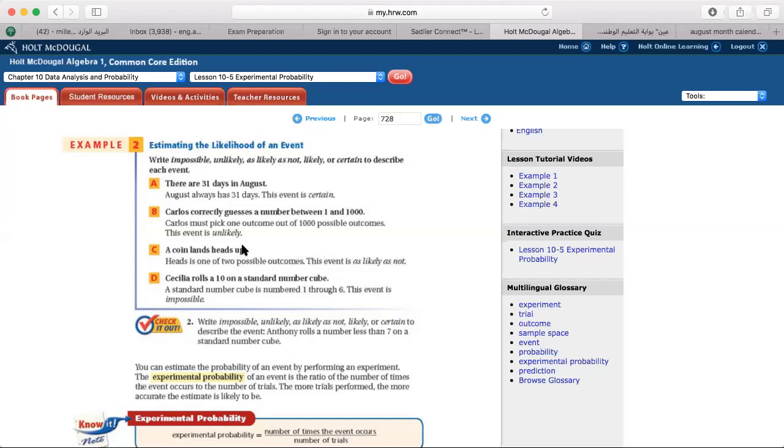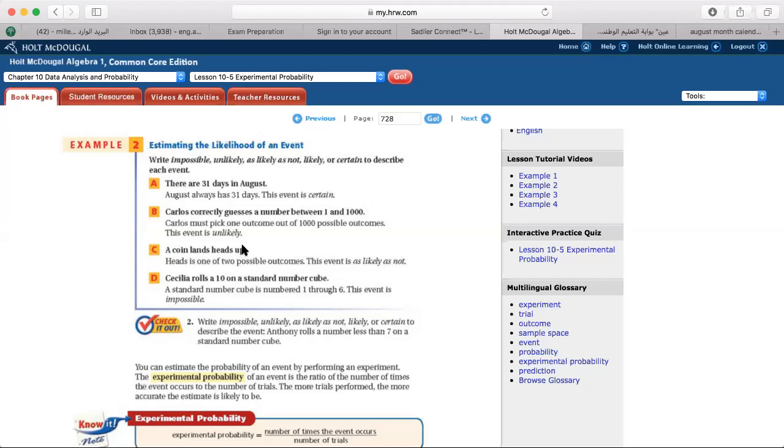But how lucky he will be if he really picks 50. He can pick 50, but it is unlikely because there are 1,000 numbers from 1 to 1,000. If I tell him, Carlos, pick 50, he will be so lucky if he really picks 50.